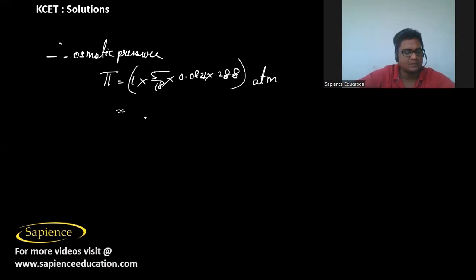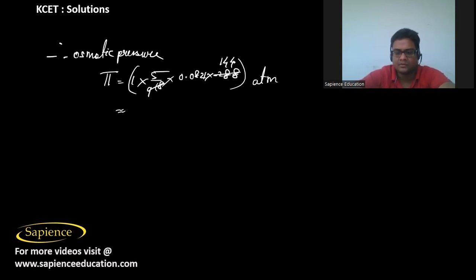If we solve it, then we will get 5 by 18. So this will be 5. So we can say 5 by 9, 2 9s are 18, and 144.